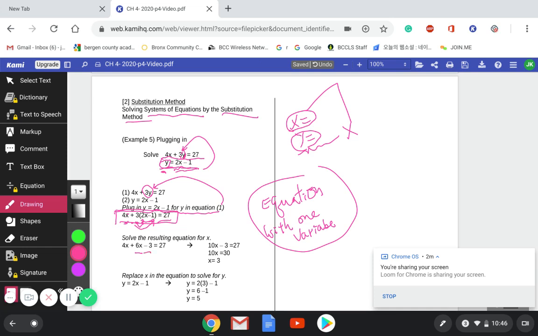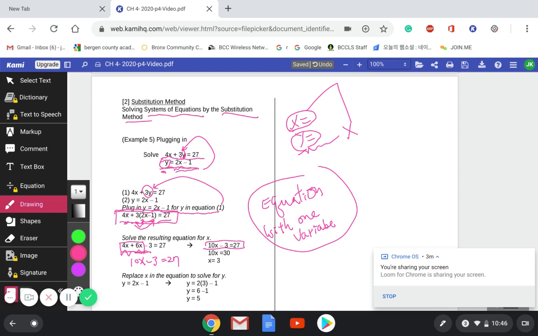Then you combine the like terms: 4x plus 6x becomes 10x. So now the equation becomes 10x minus 3 equals 27.